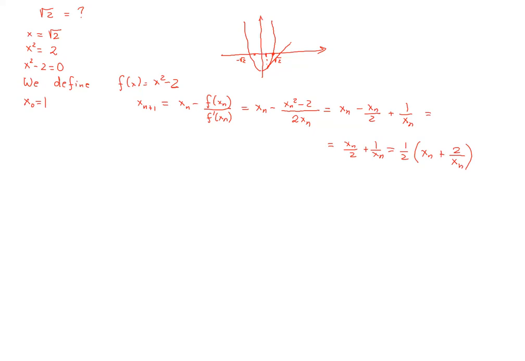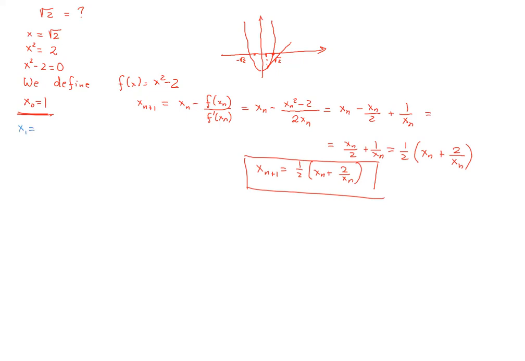So in other words, we obtain the formula xn plus 1 is equal to 1/2 (xn plus 2 over xn). And this will be the formula that we will use along with the initial choice x naught equals 1 in order to approximate the square root of 2. Okay, so what is our x1 then?